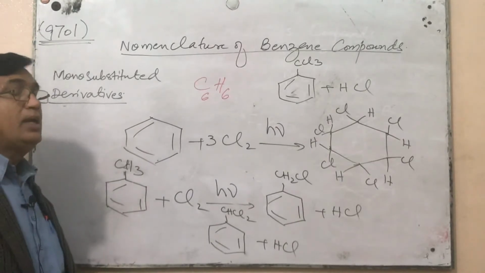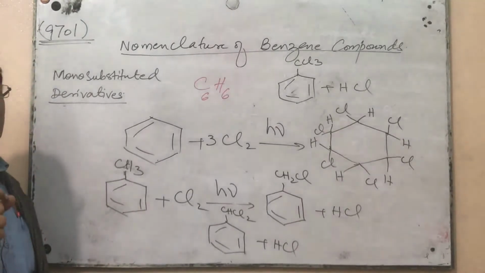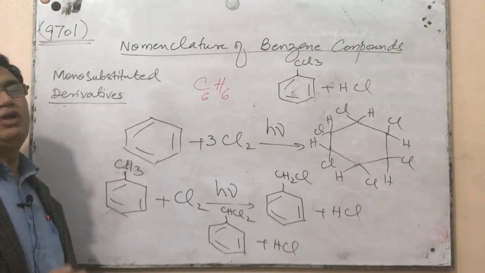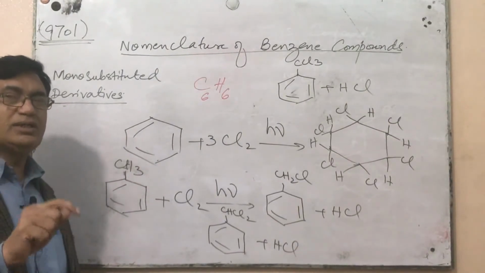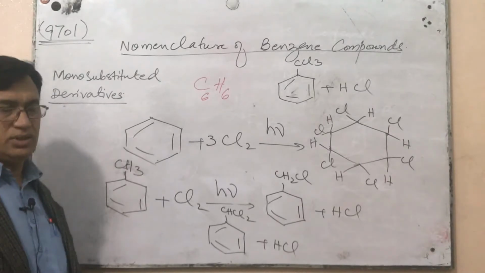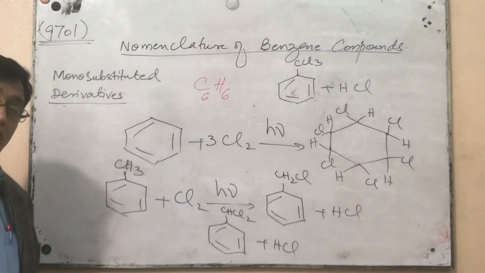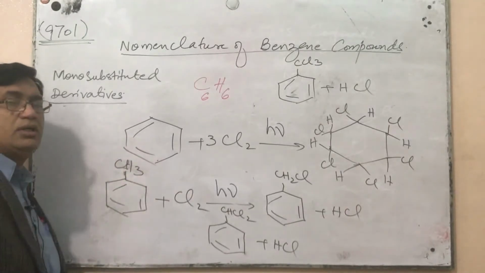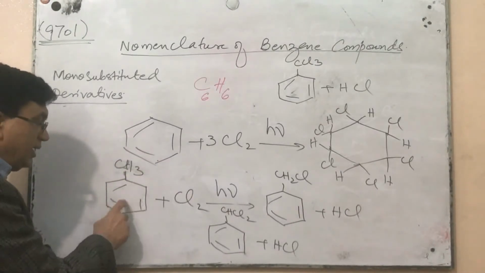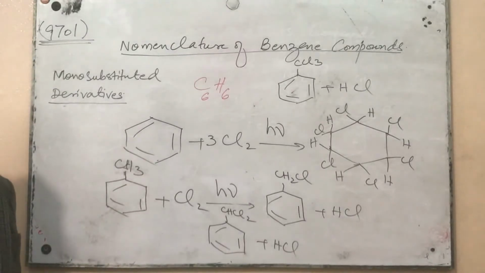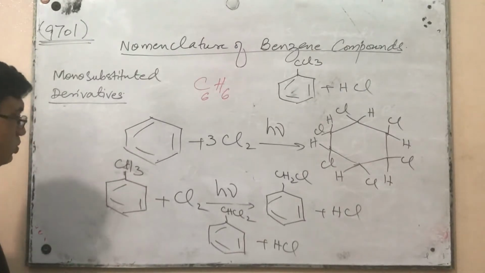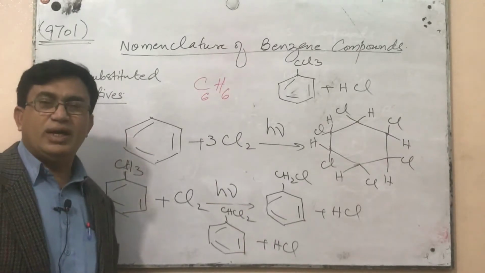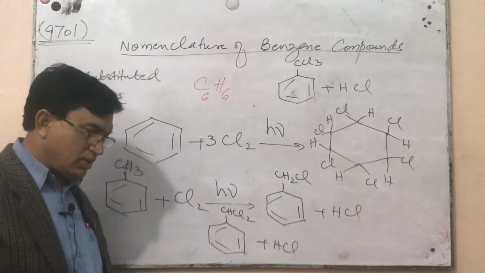That's why a substitution reaction will take place, and the name of the reaction will be electrophilic substitution reaction. Electrophilic, why? Because the reaction is initiated by the pi electrons present on the benzene ring. That's why this is termed an electrophilic substitution reaction.